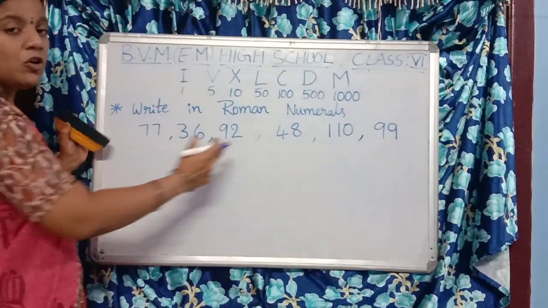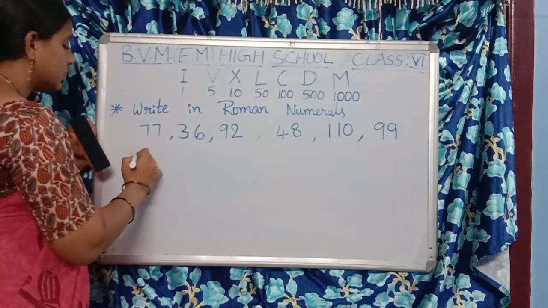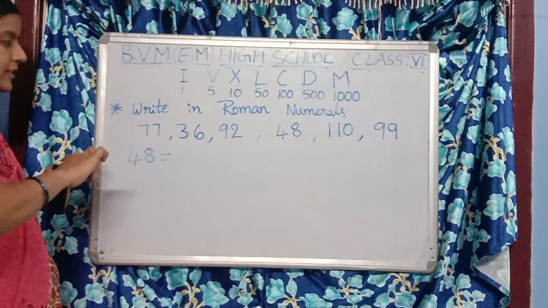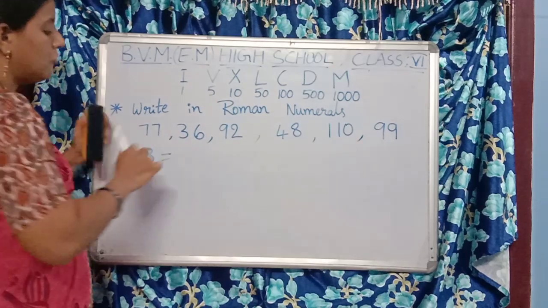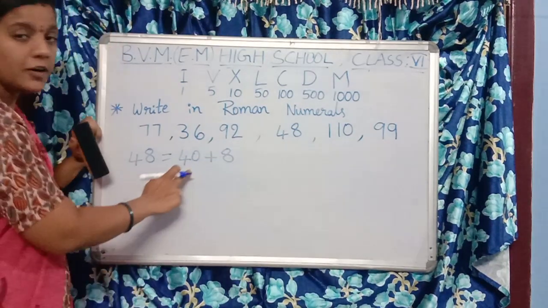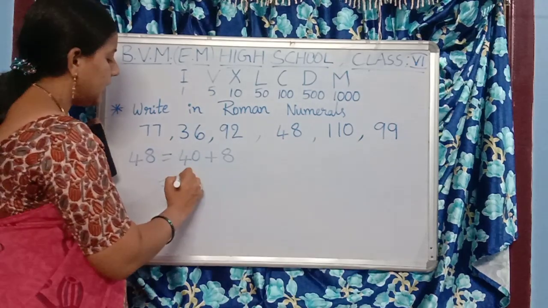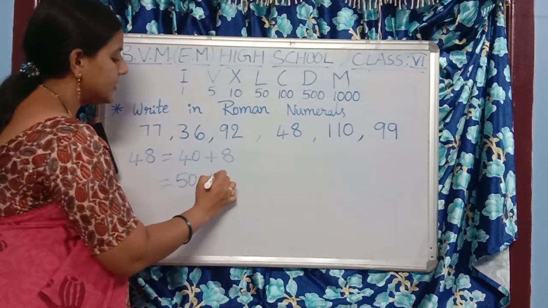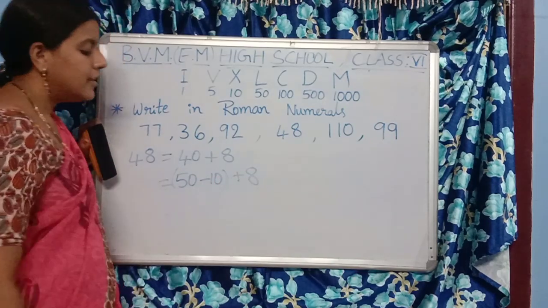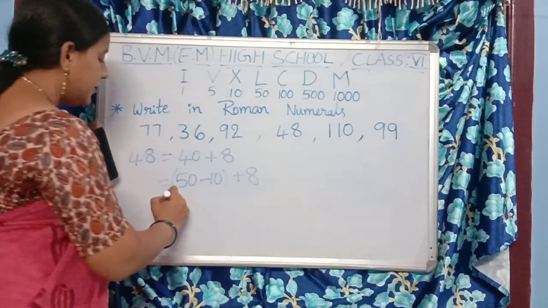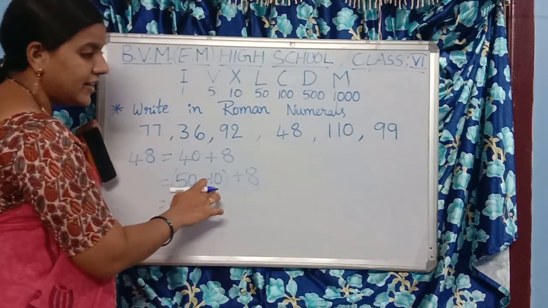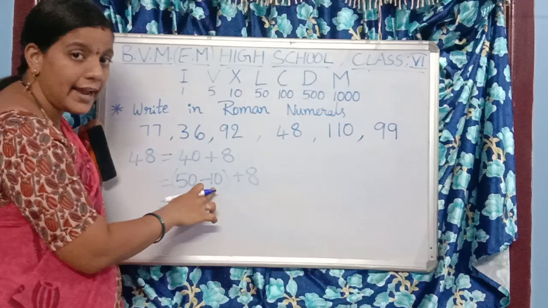Next one. 48. 48 means 40 plus 8. 40 is 50 minus 10, plus 8. What is the symbol for 50? L. And 50 minus 10 means, where should we write the X?